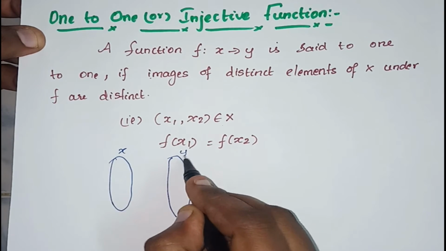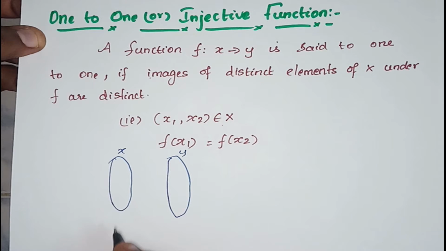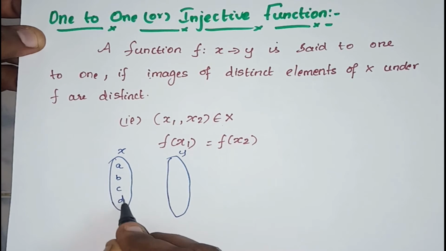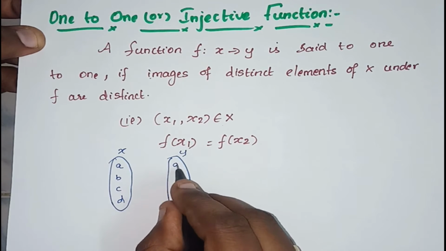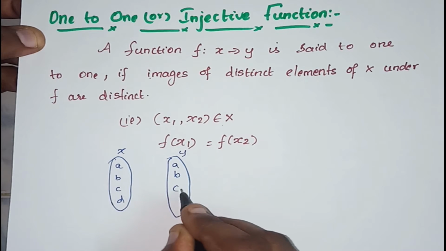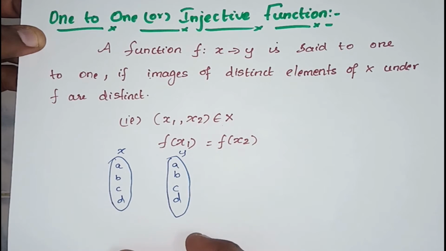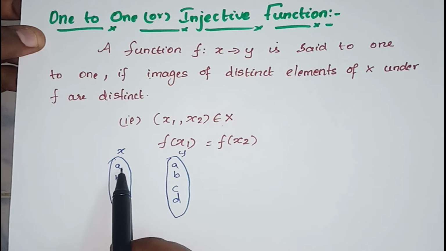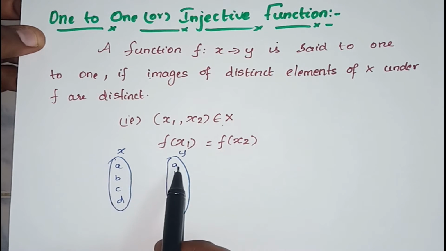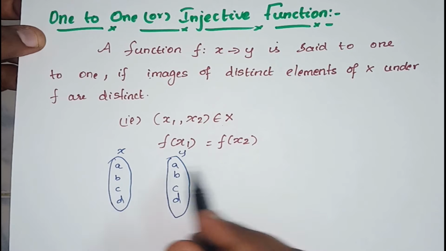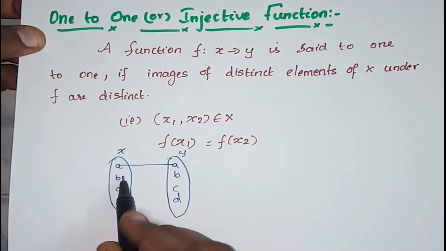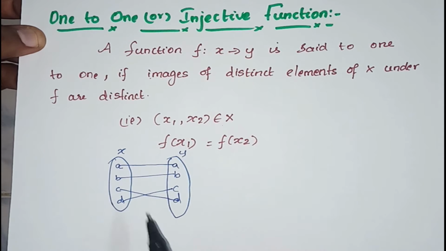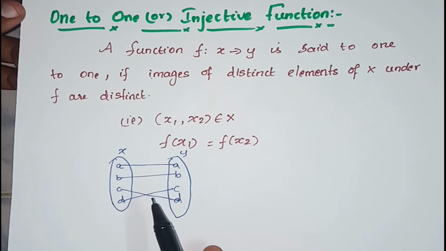The X set consists of four elements A, B, C and D. The Y set also consists of four elements A, B, C and D. This function is one-to-one, meaning each value in set X is mapped with a unique element of the other set. So A is mapped with A, B with B, C with D, D with C. So this function is a one-to-one function.